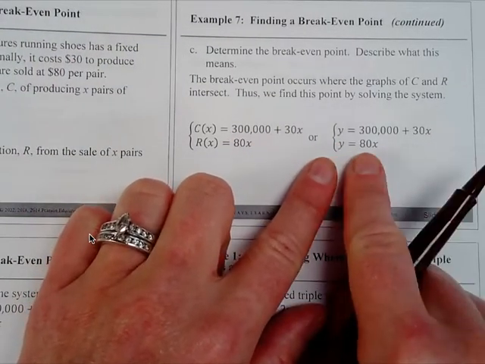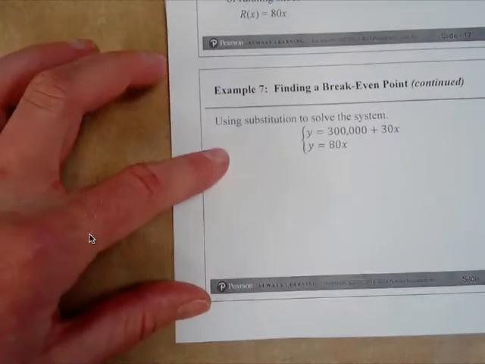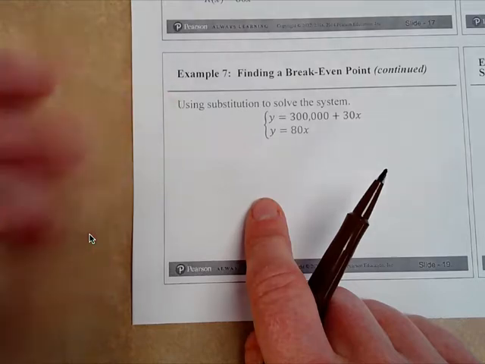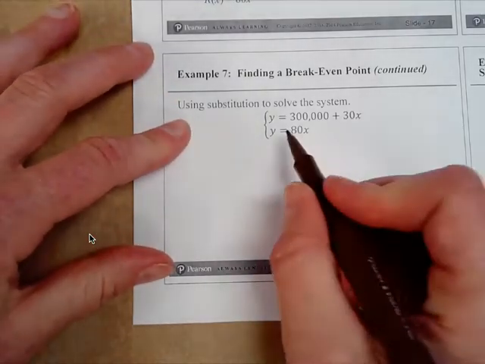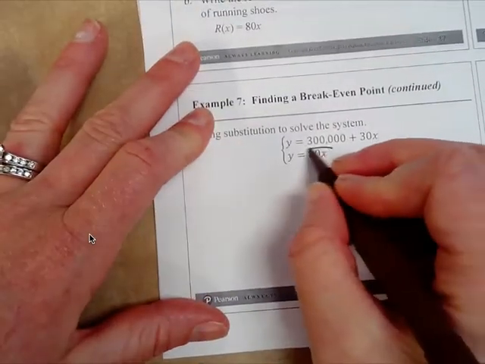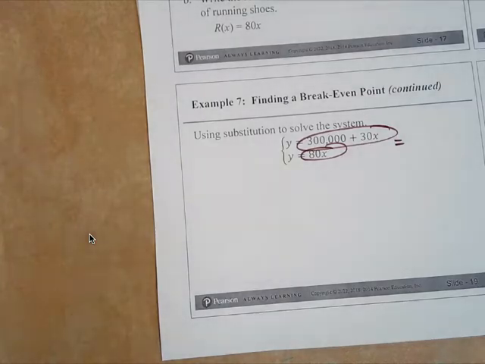So whenever we have a system of equations like this, then we are going to use substitution. So go down to this one where we have a little bit of room to work. They're both set equal to y. So what we can actually do is set them equal to each other. We're wanting to find out, where does it break even?